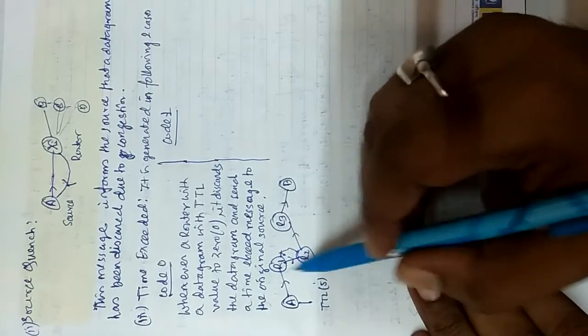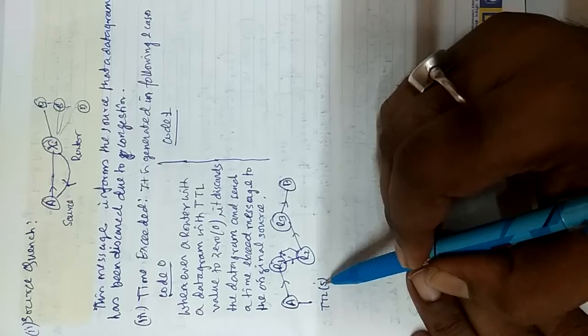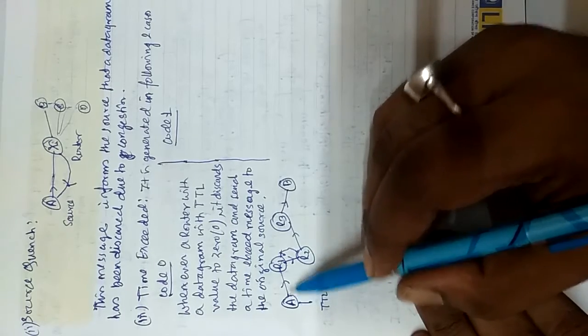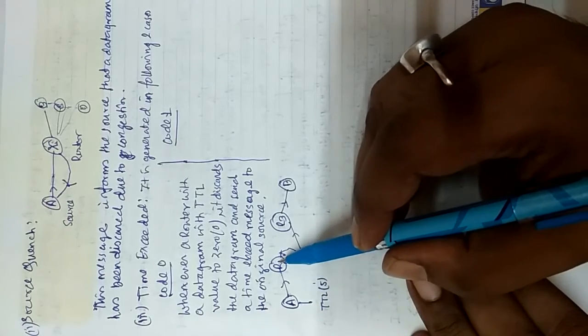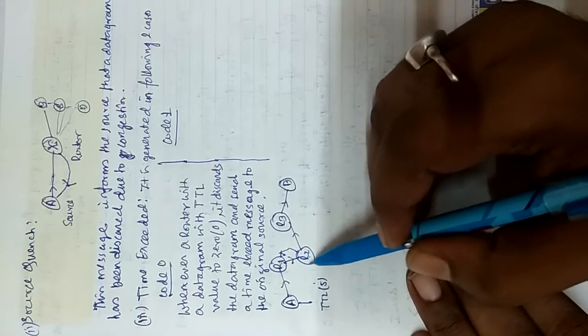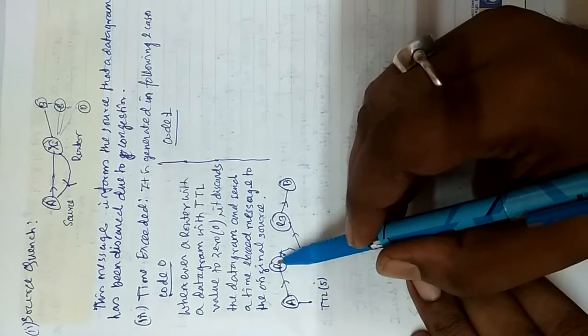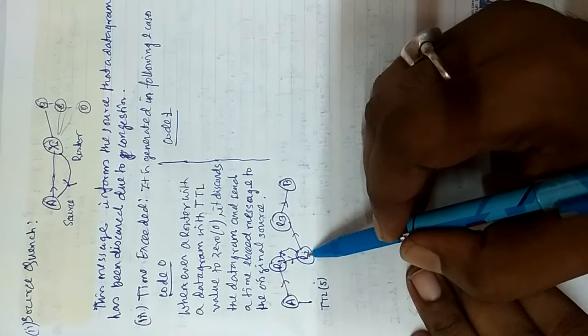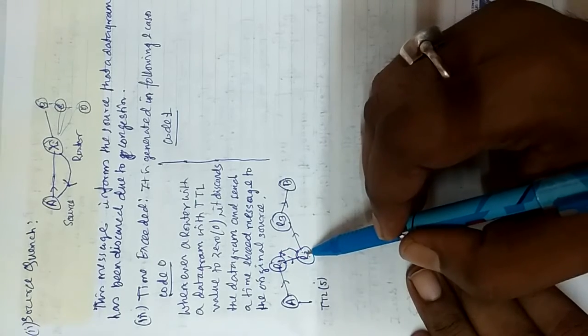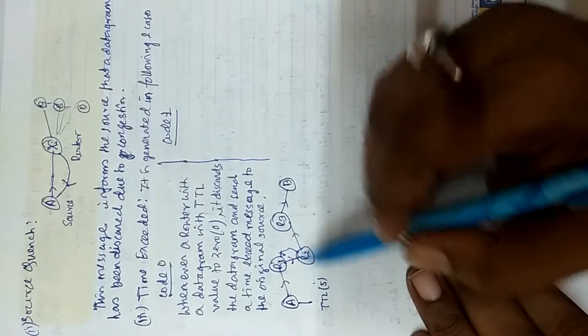So after 2 or 3 times looping, the TTL will finish. Suppose it is 5. From A to R1 it becomes 4, R1 to R2 3. Due to some problem there is a loop, so from R2 again it goes to R1, so it is 2, R1 to R2 1, R2 to R1 0, and the time to live is out.